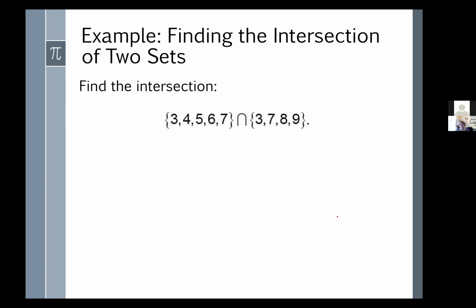So here's an example. I have two sets and I want to find the intersection. The first set consists of the elements 3, 4, 5, 6, and 7. The second set consists of the elements 3, 7, 8, and 9. So what elements do these two sets have in common? Can you type that in chat or just take yourself off mute?